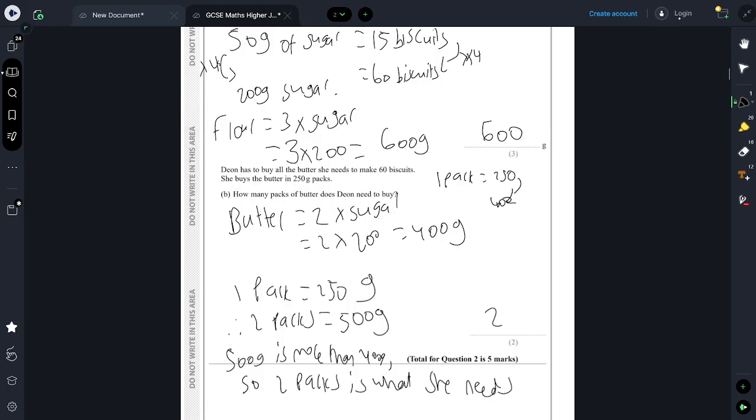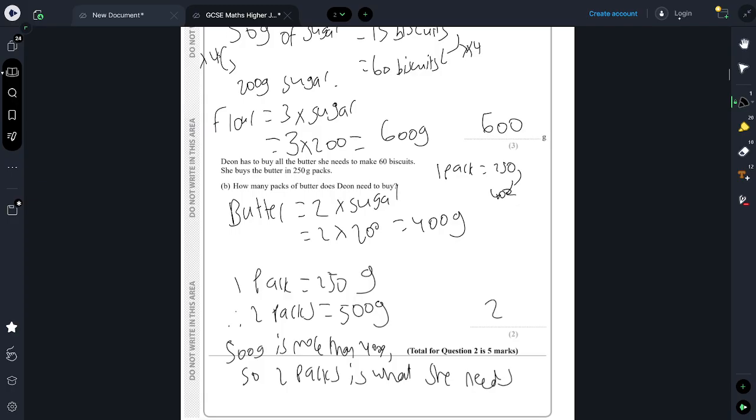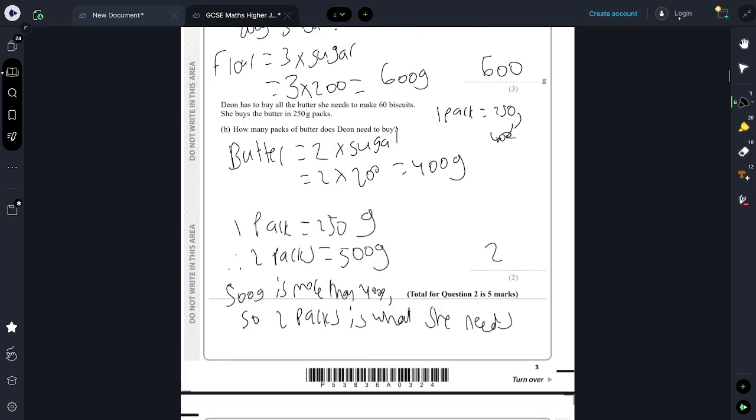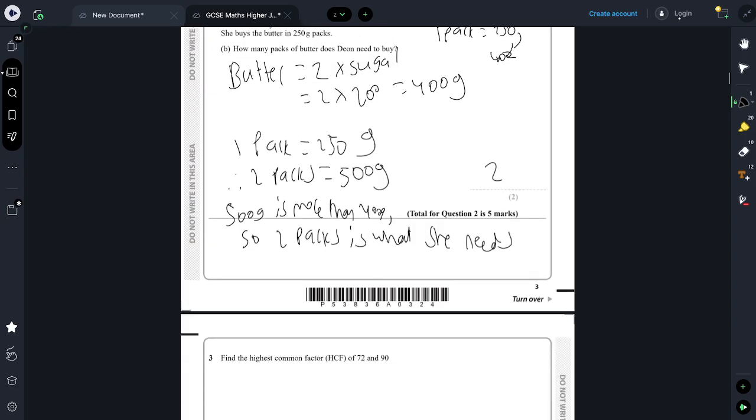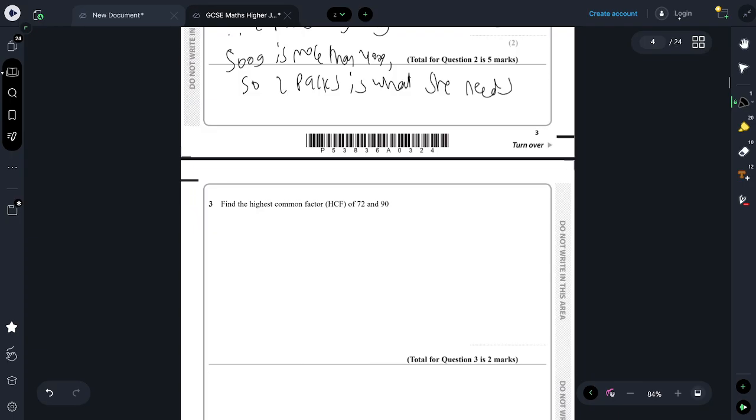Have I copied the number down wrong or something? No, 2 packs. Okay, there you are, 2 packs then. Yeah, I'm right. I expected the numbers to be a bit harder than that. There you go. Anyway, that's how you go about that question.